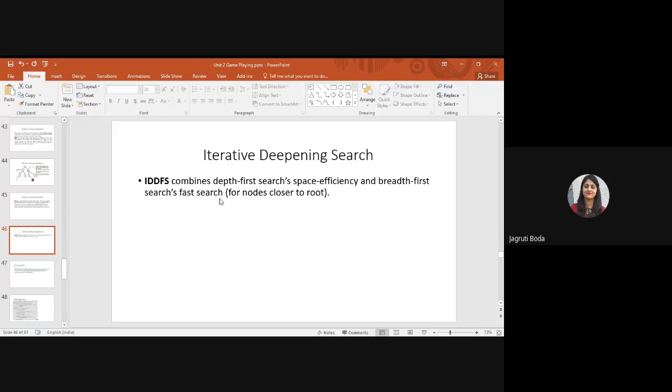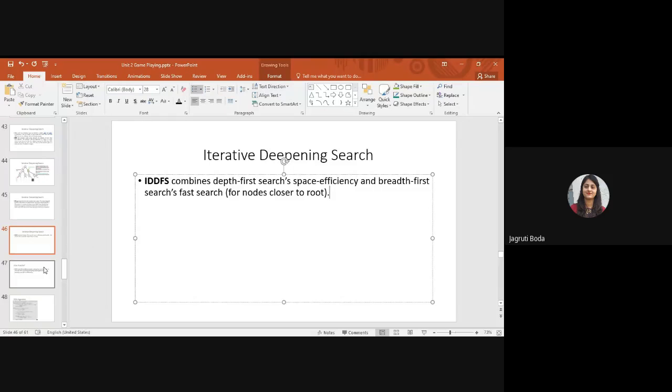So we consider the advantage of both algorithms: DFS is space efficient and BFS is a fast search.